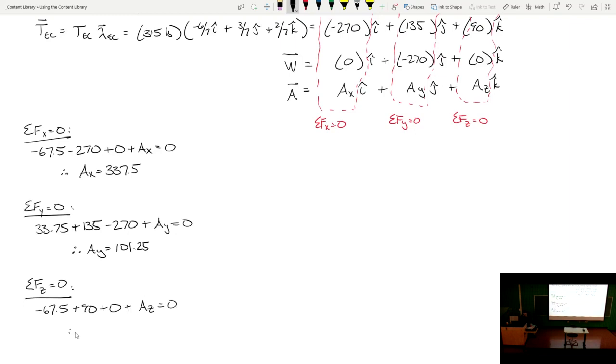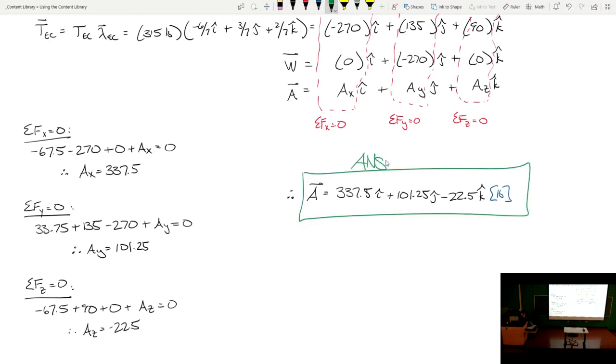Now AZ ends up being negative, but that's okay. It just means our assumed direction was incorrect. There's the reaction at A. There's our two unknown tensions. Done. I know that's a long problem.